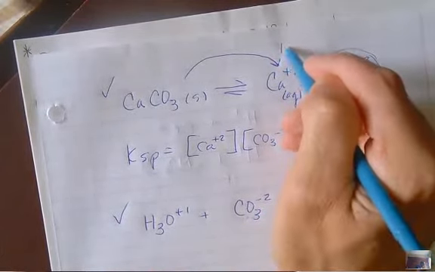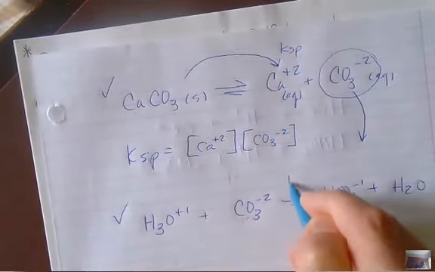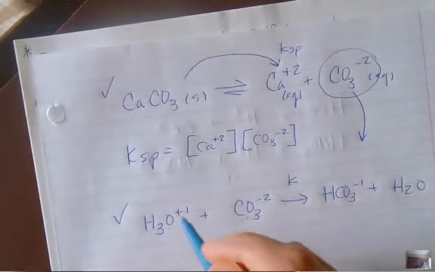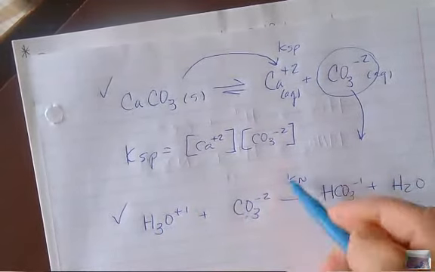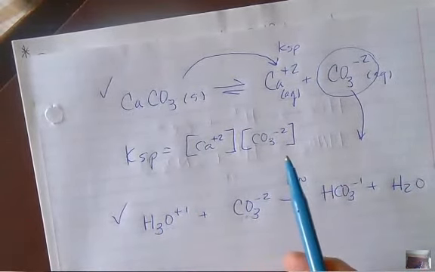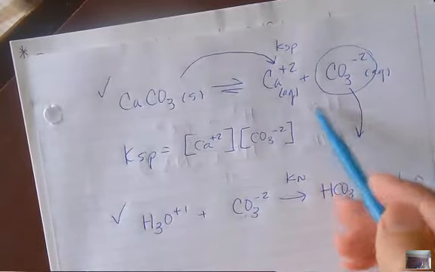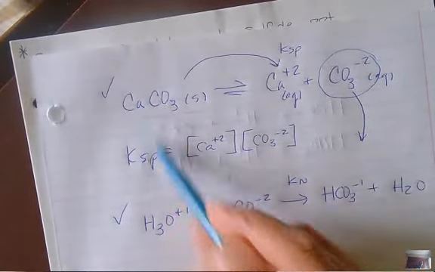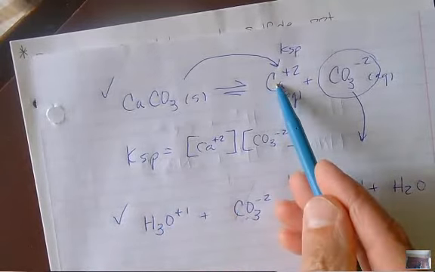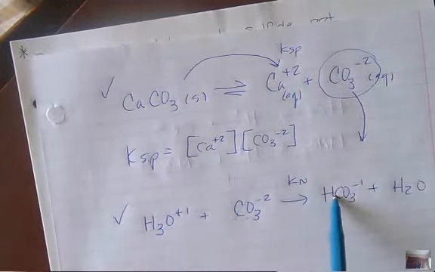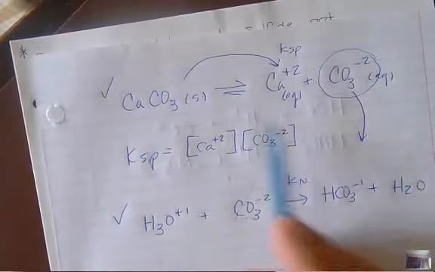You take the KSP for this, and the K for the neutralization. You put those two together and see what it would be for the overall reaction, because this guy would cancel out, and I'd have this plus this to give me this, this, and this, right?